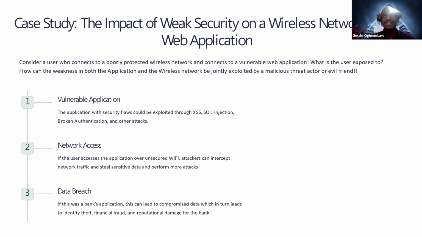If the user goes ahead to access the same vulnerable application over an unsecured Wi-Fi network, of course an attacker will be able to intercept the network traffic and steal sensitive data.